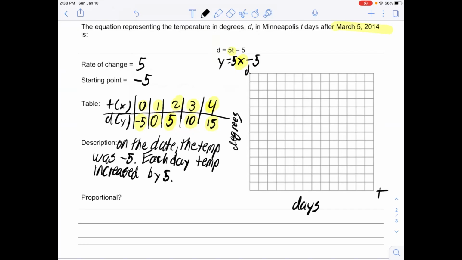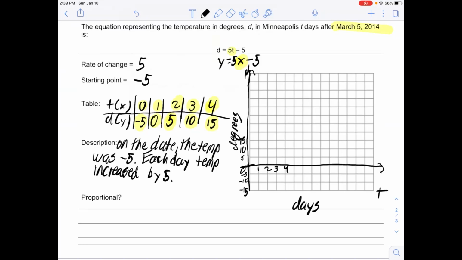So what I actually need to do is adjust my axes, and the reason I'm doing that is so that I can have negative numbers. So my 0 will be there. And then I can have -5, -10, -15, and 5, 10, 15 over here. Then I'll have just 1, 2, 3, 4.